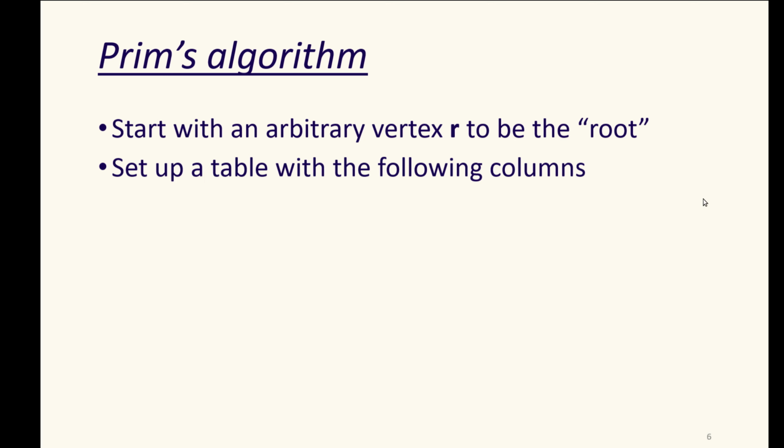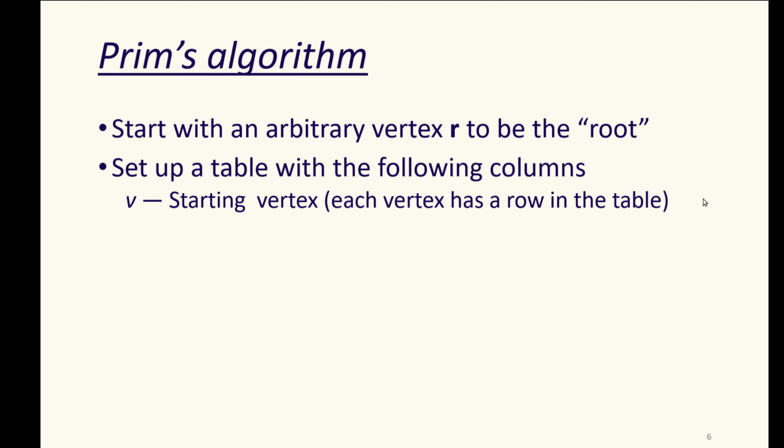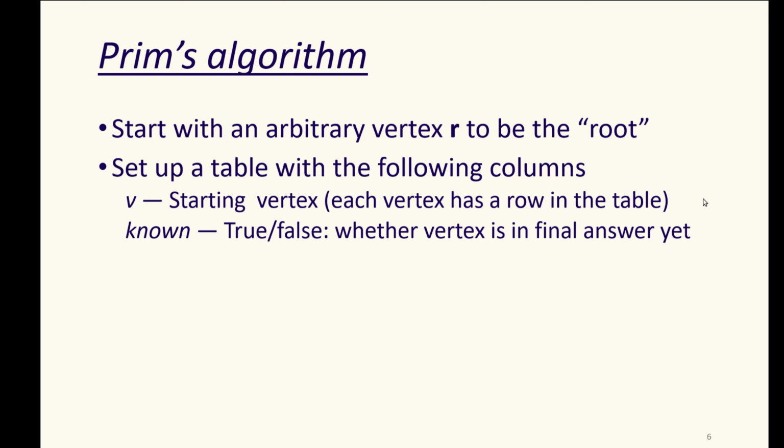We set up a table that has the following columns to it. V, a starting vertex. Each vertex has a row in our table, and then we'll sort of use each of those as a reference in terms of connections to other vertices. Known: whether this vertex is known yet, whether we have already found its location in our spanning tree, and we'll see how we get to the point of having known something.